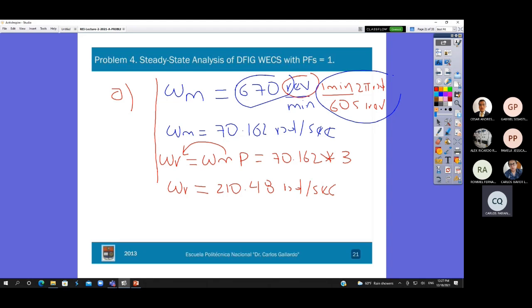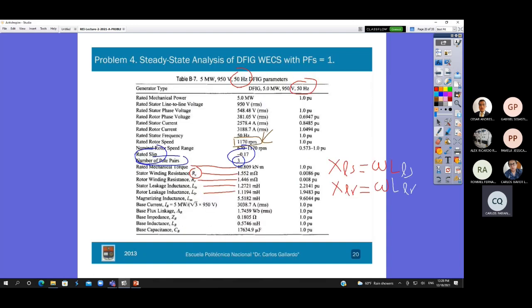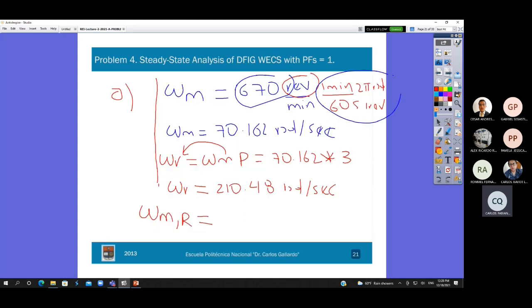In order to make the difference, this is the mechanical speed, but the subscript R means rated value. According to the problem, the rated speed is 1170 RPM.